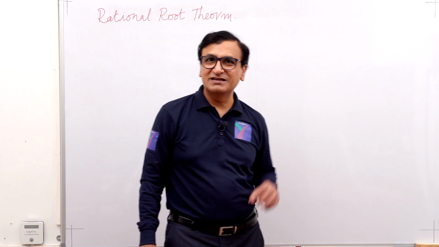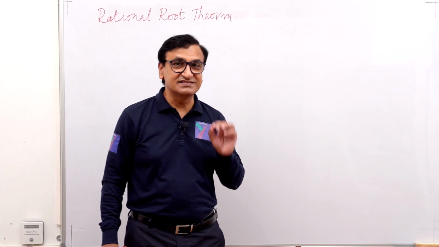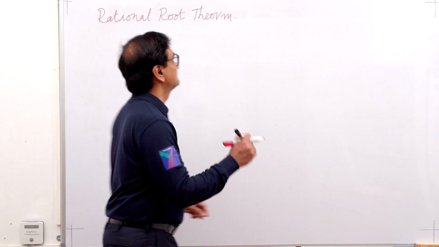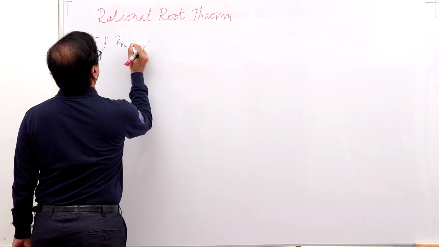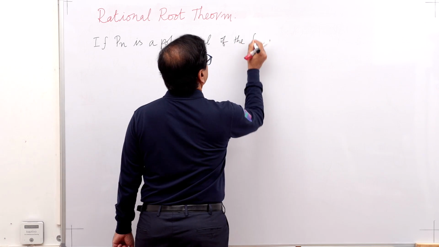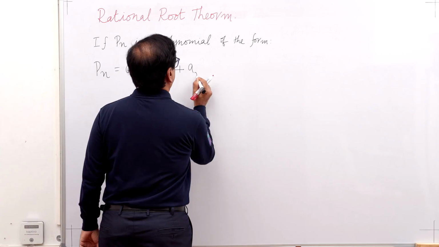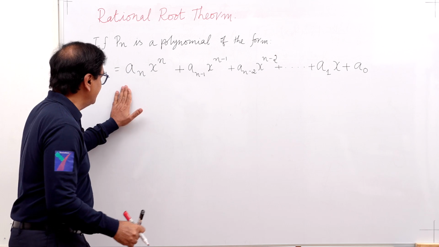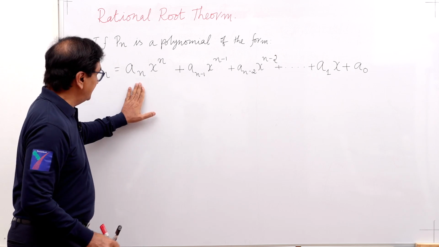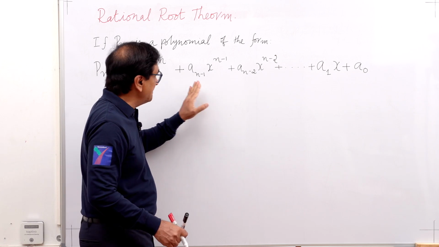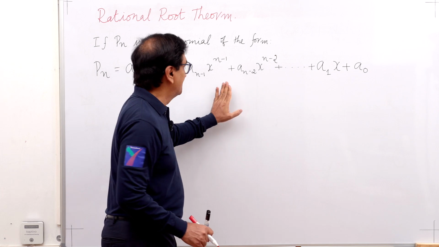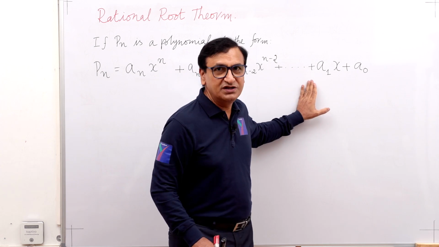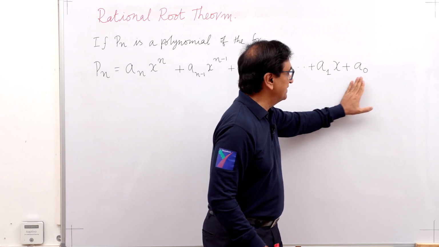Suppose there is a polynomial Pn, where n is the degree of the polynomial, and the polynomial is of the form an x^n plus a(n-1) x^(n-1) plus a(n-2) x^(n-2) and so on, plus a1 x plus a0.